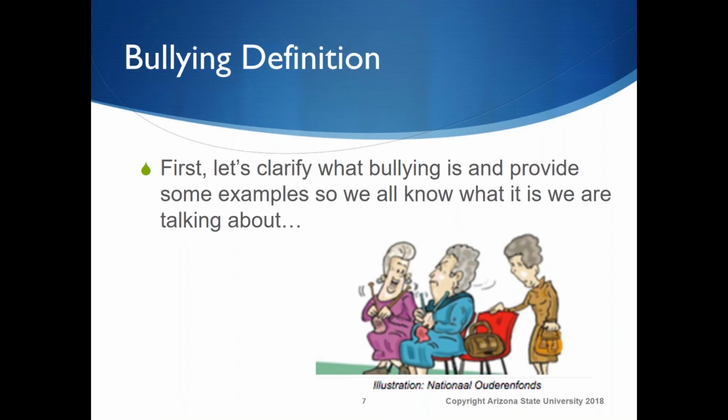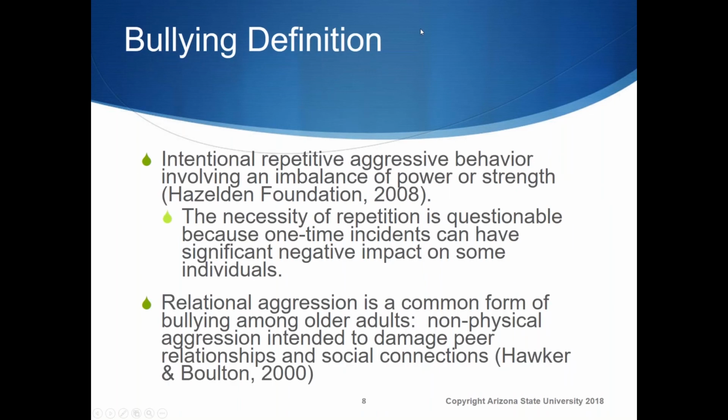So the definition of bullying is what I want to present next. It's intentional, repetitive, aggressive behavior that involves an imbalance of power or strength. So it involves one person being domineering over other people.